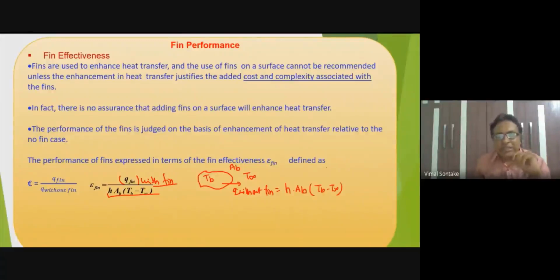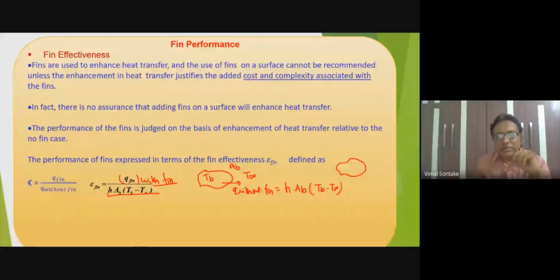In second case, let's say the same base surface is there, but now I am attaching one fin to this base surface. So in this case, rate of heat transfer with fin will be what? Rate of heat transfer from this base surface plus rate of heat transfer from this fin.